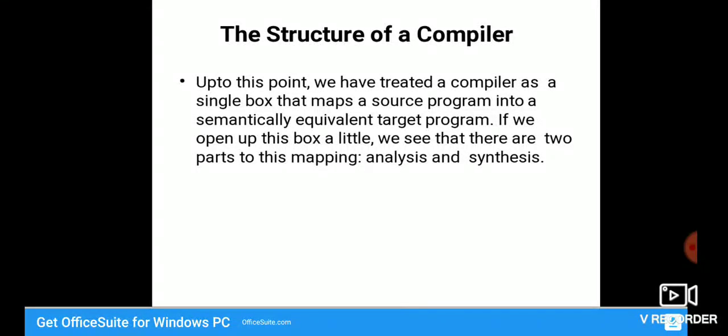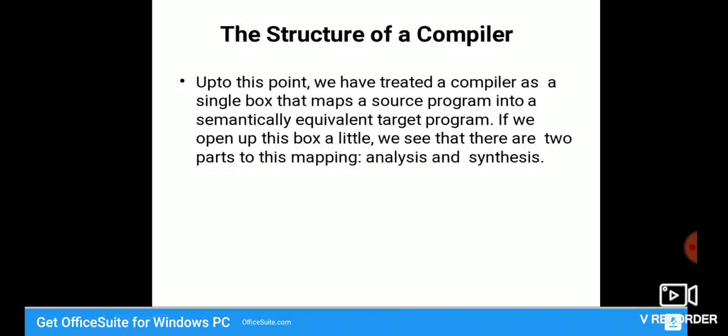Since first year we have been learning about the compiler, and we have been using a compiler in C language, but in this subject we are supposed to study the internal details of a compiler: what it does, what it comprises, how it functions, and what things are associated with a compiler to compile a particular program.